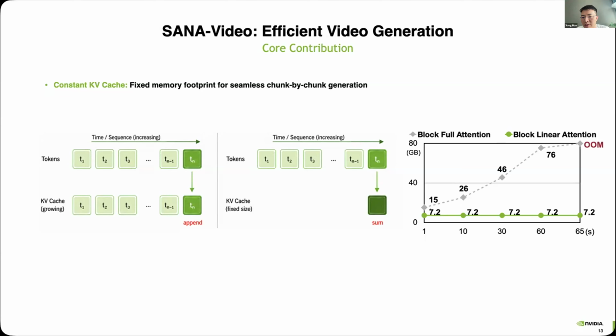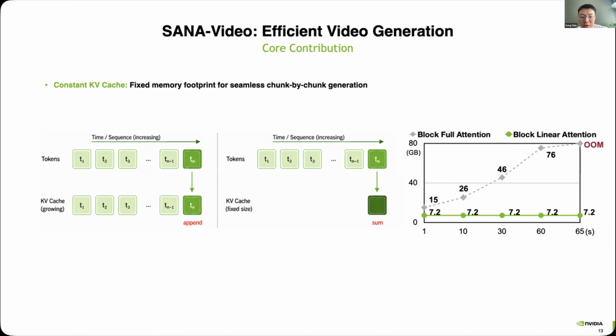So the more you generate, here is the number of seconds on the right-hand side, the more you save. Here, the block linear attention is taking a constant size of memory, which is about 7.2 gigabytes of memory, which fits very well into a consumer GPU. While for softmax attention, the memory will grow quadratically. It will soon run out of memory when the video length is more than a minute.